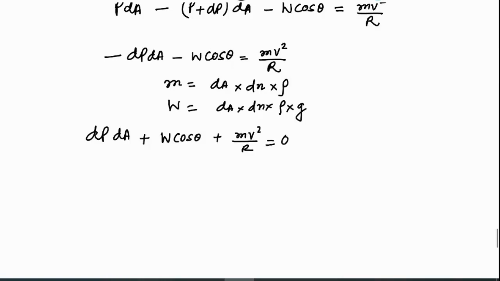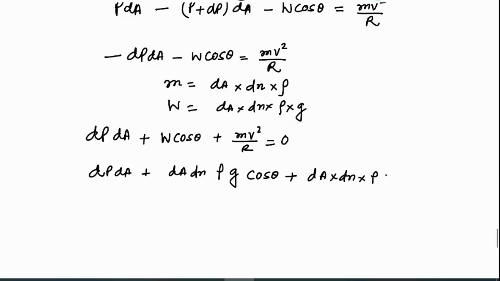So this is dP times dA plus dA times dn times rho times g z times cos theta plus this multiplied by dn times rho times v square by r.